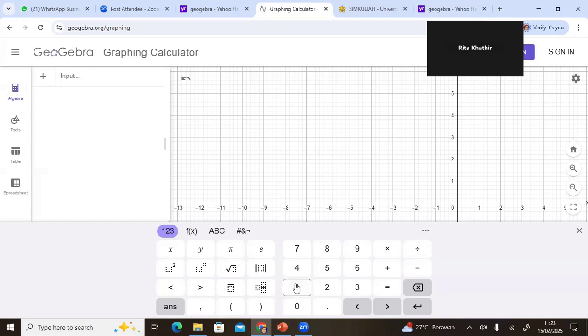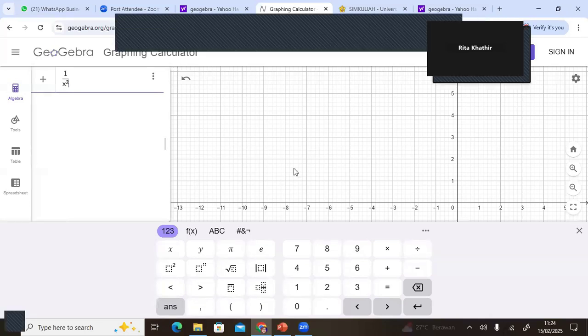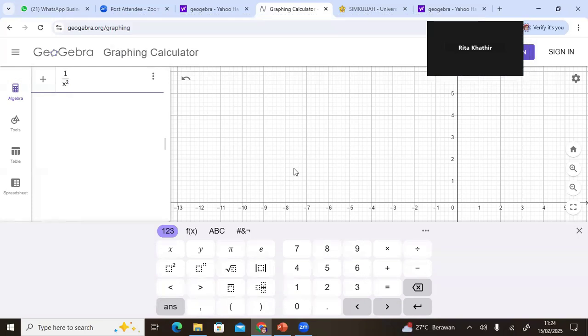For example, 1 over x squared. It doesn't work.